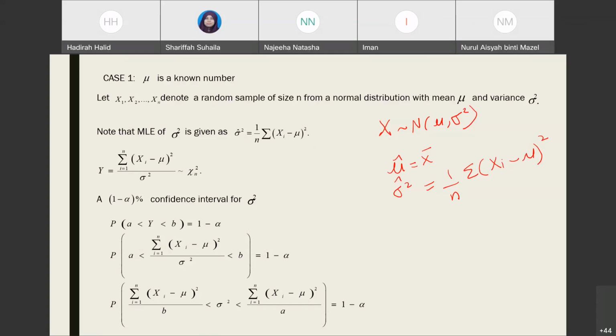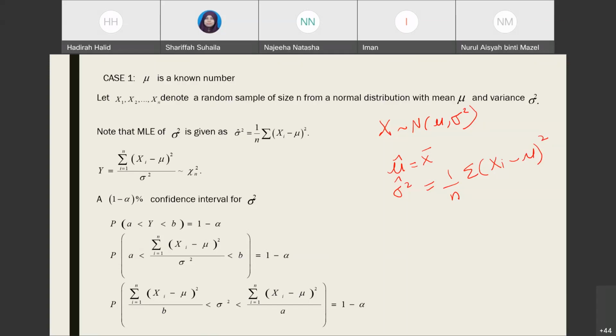But again, if your parameter mu is unknown, that means we will replace your mu with x bar. So you will have 1/n summation of (xi minus x bar) squared and so on. Okay, so this is your MLE for sigma square. So sigma square hat is given as 1/n summation of (xi minus mu) squared.